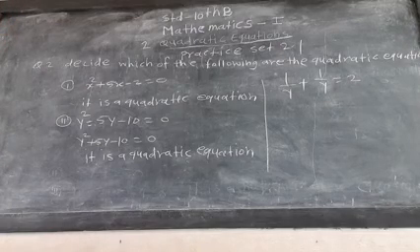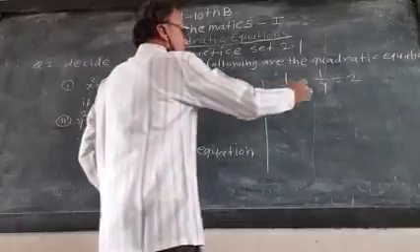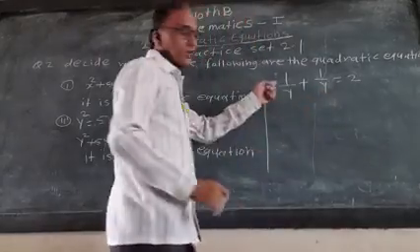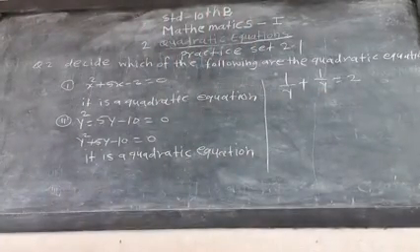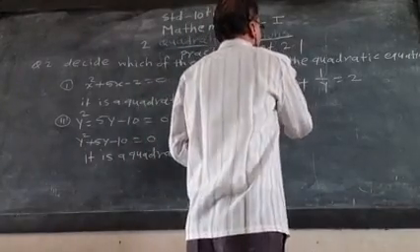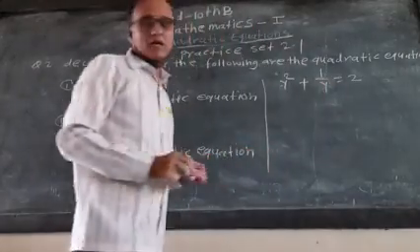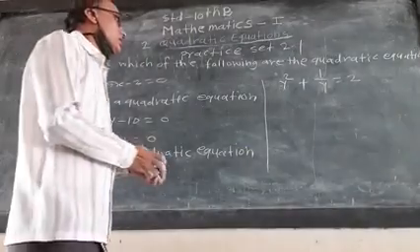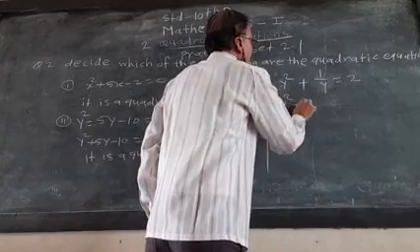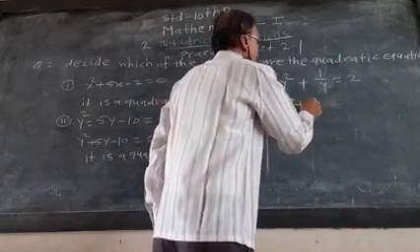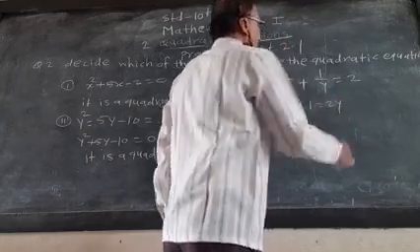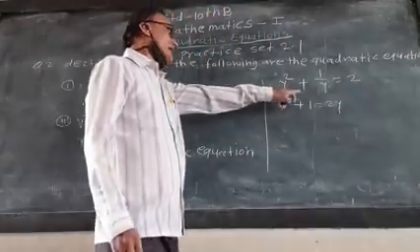We solve this equation. Here x equals 1. Here 1 divided by y, not this. y square plus 1 upon y equals 2. So we multiply this by y, multiplying both sides by y: y cube plus 1 equals 2y.